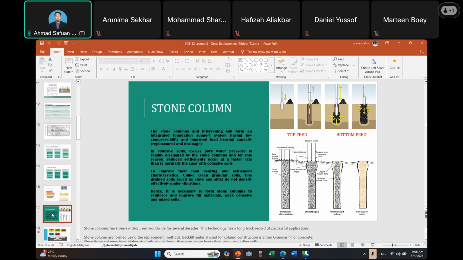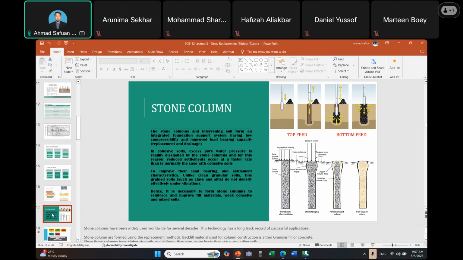In cohesive soil, excess pore water pressure is readily dissipated by a stone column, and for this reason, reduced settlement occurs at a faster rate than is normally the case with cohesive soil.